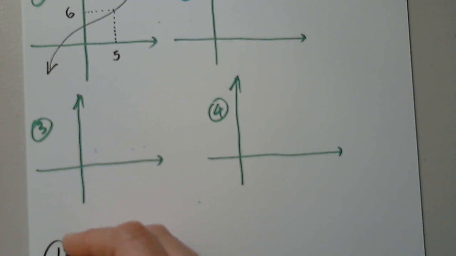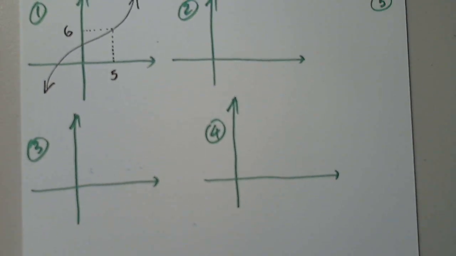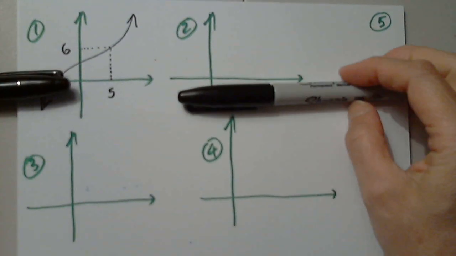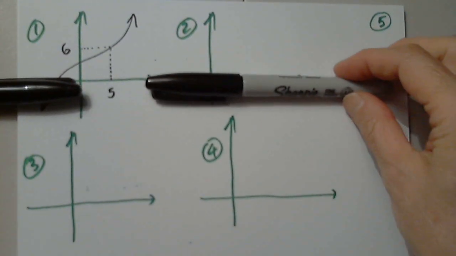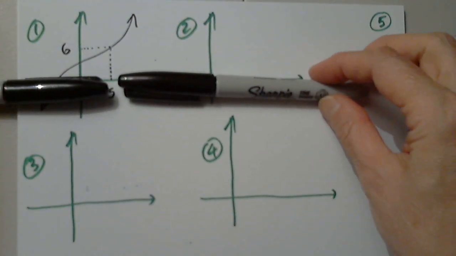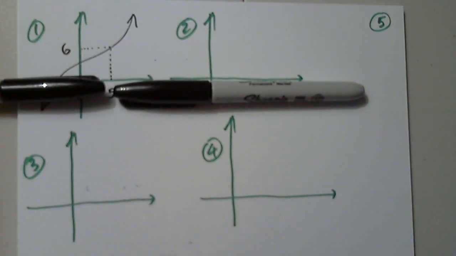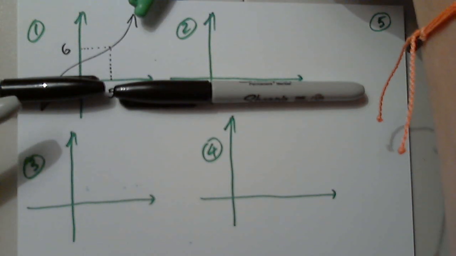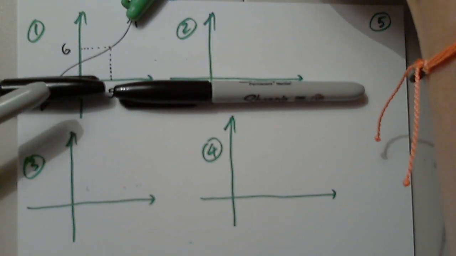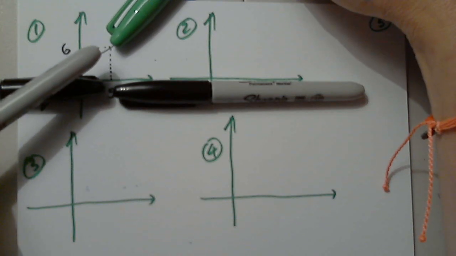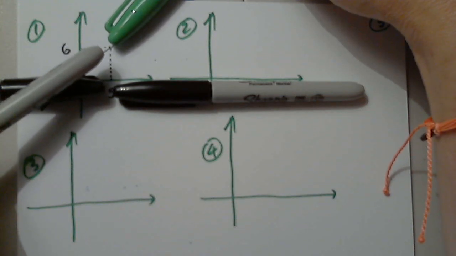For case number 1, I'm going to ask you this. As x approaches 5 from either side, I want you to tell me what is the trend of this function. Where is the function going? What value or values is it approaching? 6.